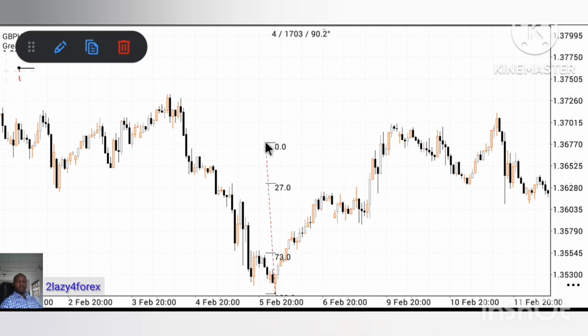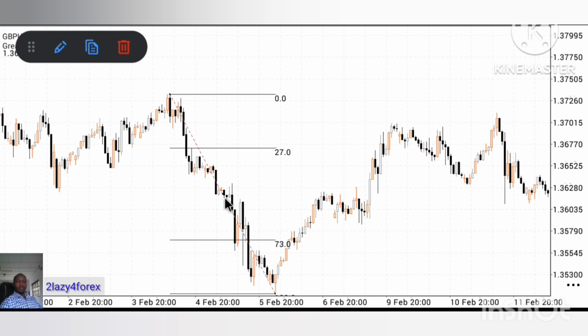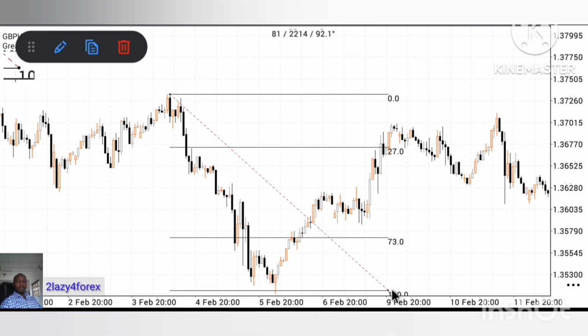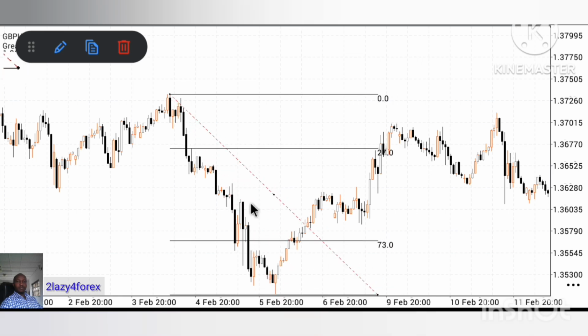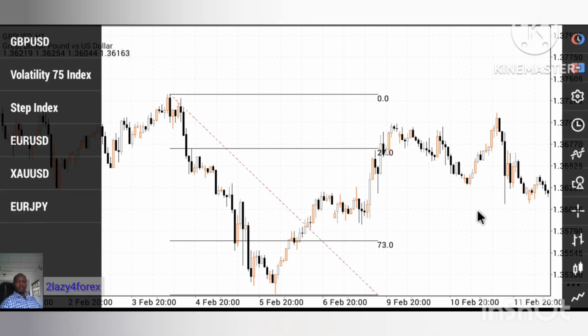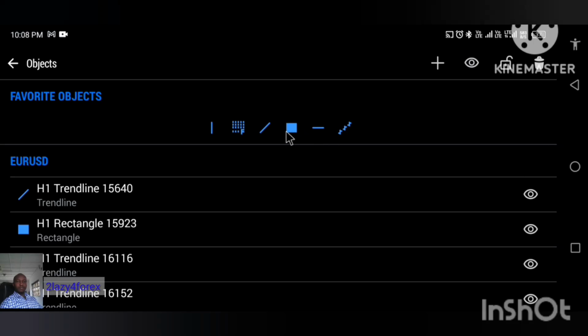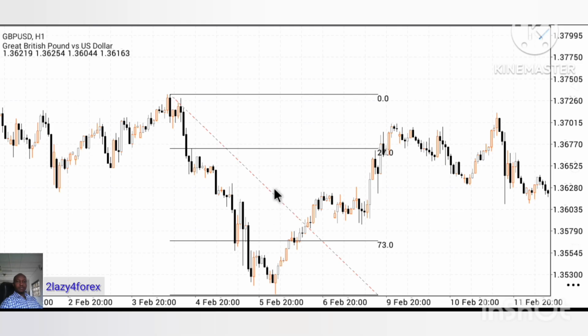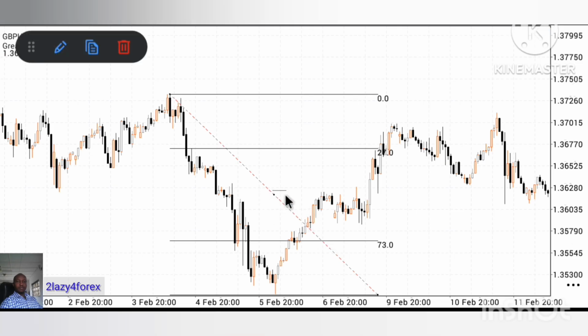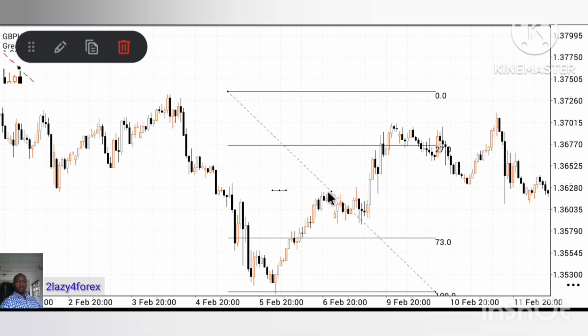I've changed the setting of my Fibonacci tool. This is the extension. Expansion, extension, still the same thing. Most times, I don't trade below the 50% spot.